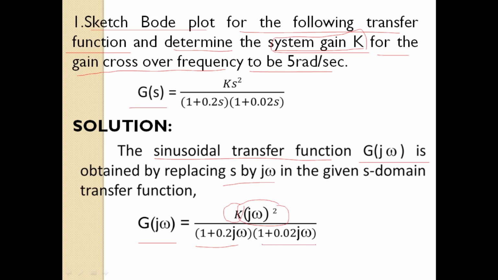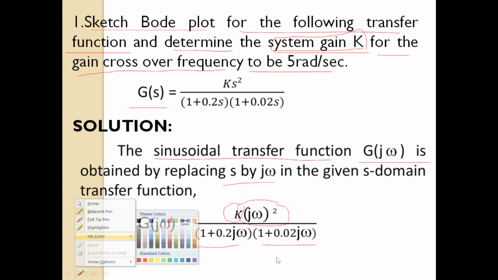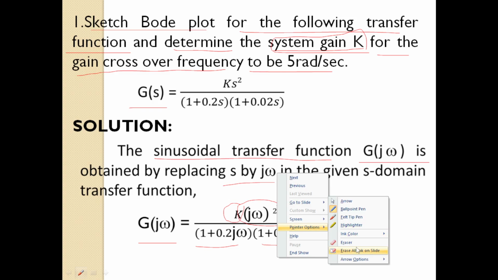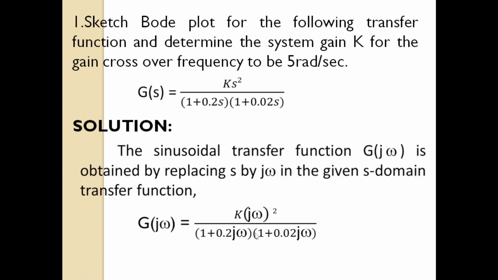Another first order factor is also there. So including k, total we can say constant gain k is one factor, another is the derivative factor, another is a first order denominator factor, and another is a first order denominator factor.